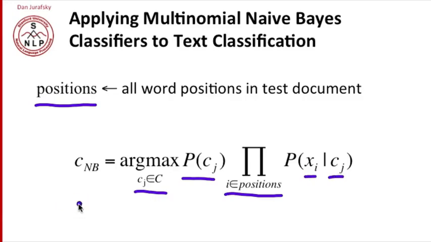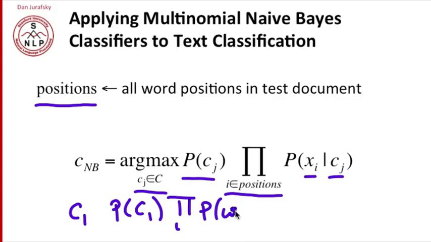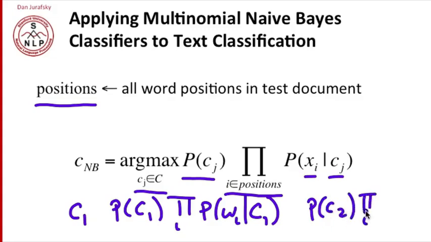So we'll do this for class 1. We'll compute P of class 1 times the product over all the positions i of P of word i given class 1. Then we'll do the same thing for class 2. We'll compute P of class 2, and then the product over all positions i of P of word i given class 2.